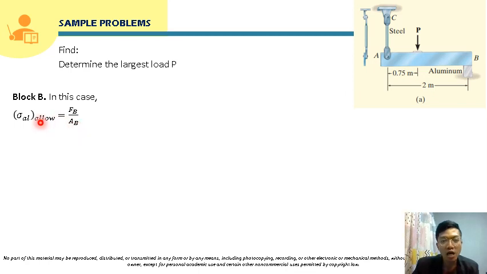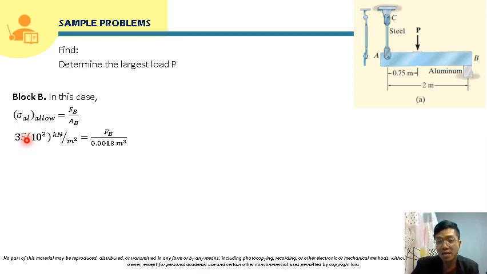The allowable normal stress that we computed is 35 MPa. We will make MPa into kilopascal. Kilopascal is kilonewton per meter squared, and we will multiply this by 1000.